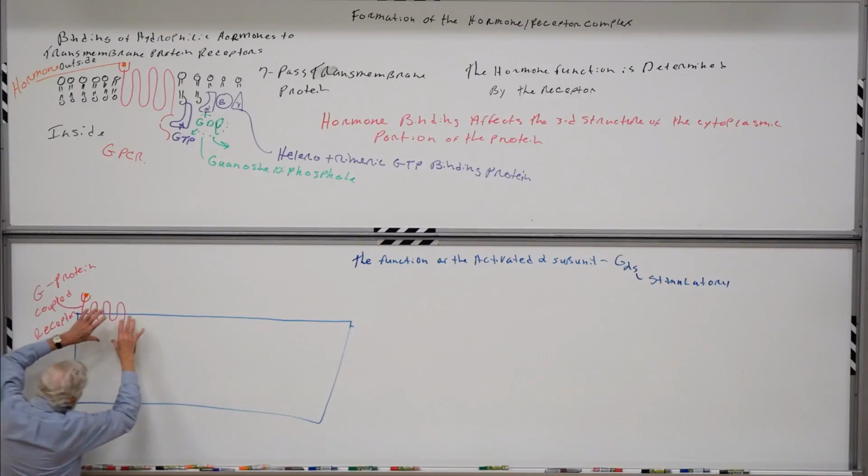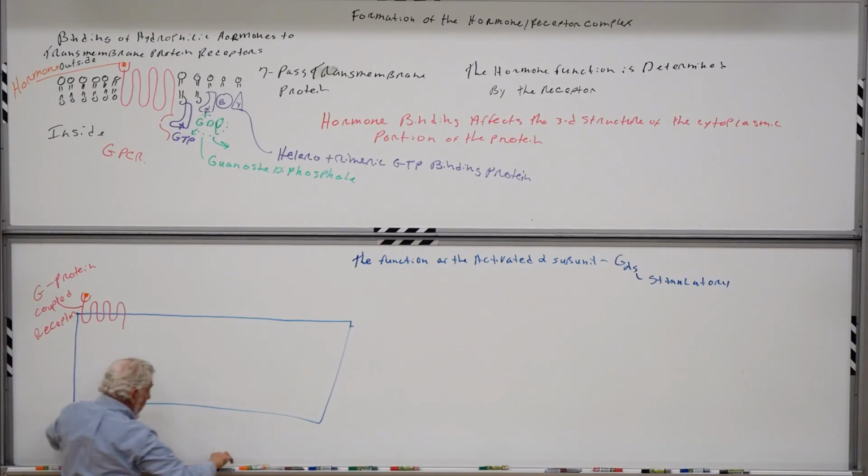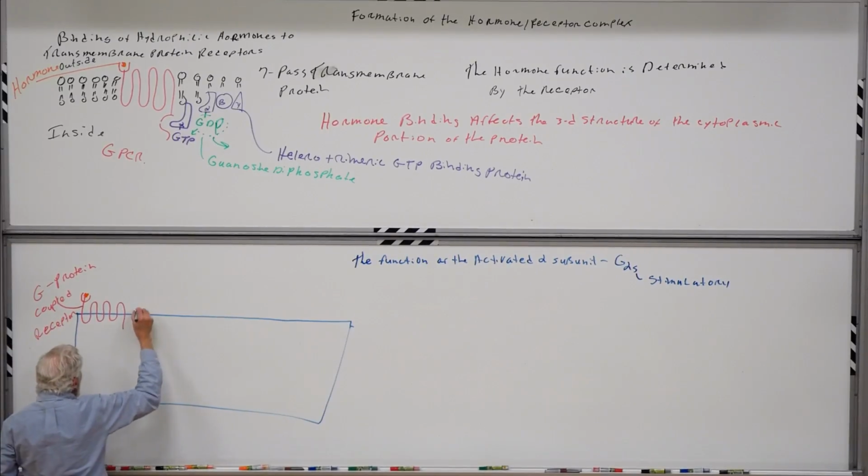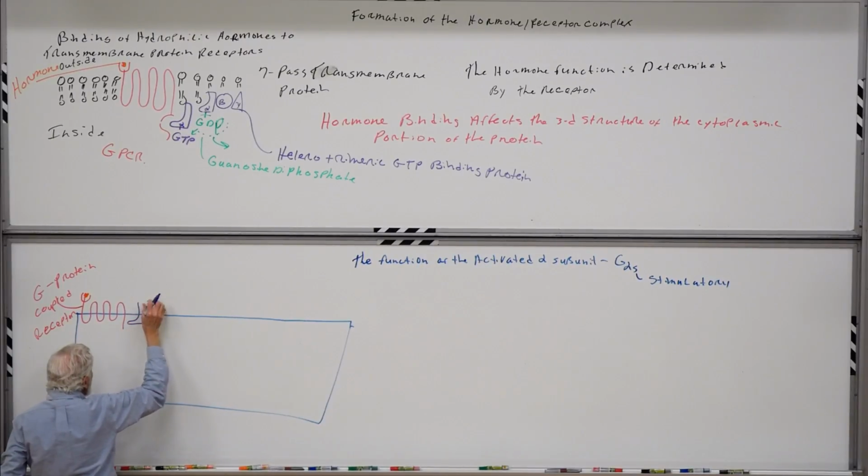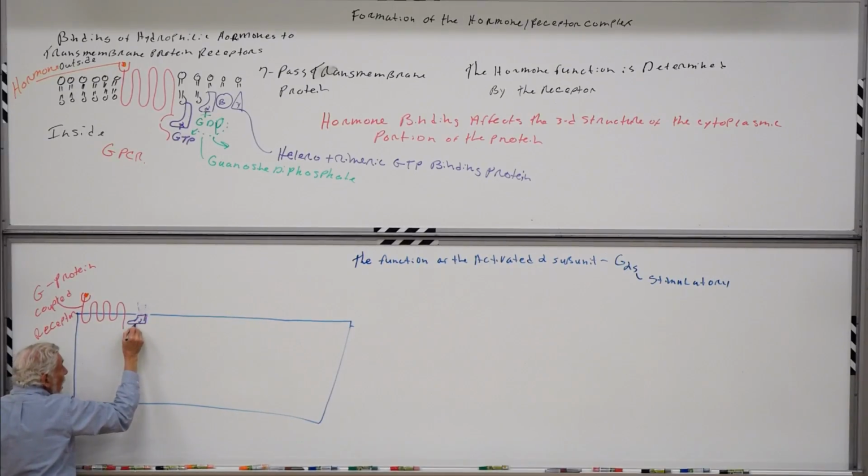That had given it a conformational change on the cytoplasmic side. The alpha subunit had now bound to the cytoplasmic side of this. Let me make this a little simpler. This alpha subunit has bound to this and exchanged its GDP for GTP.